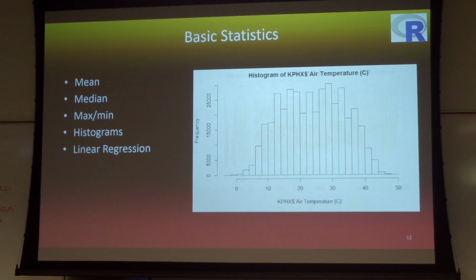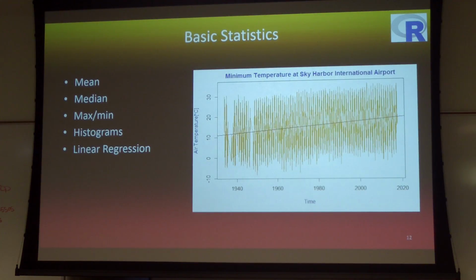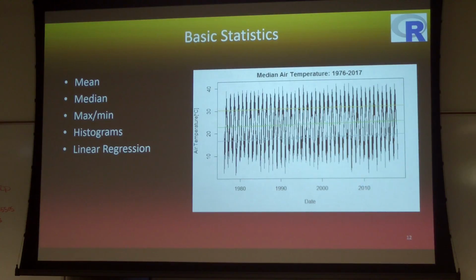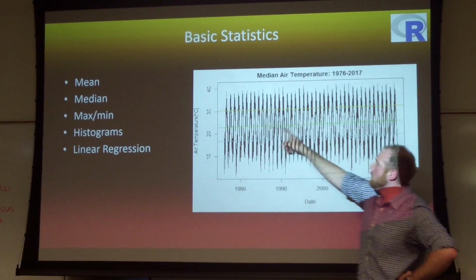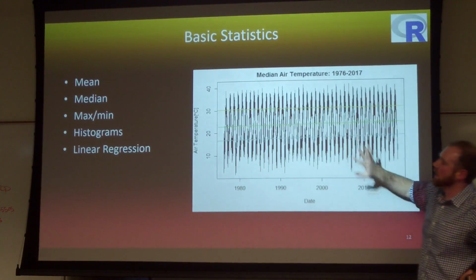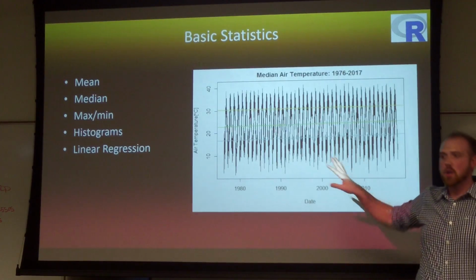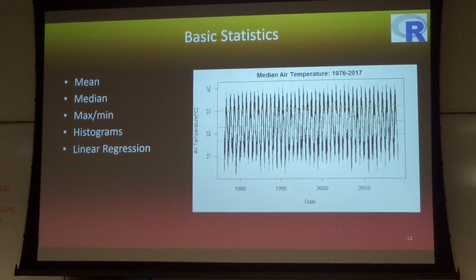Here's the histogram. There's our minimum temperature change. Fantastic. Or terrible, depending on how you want to look at it. So this is from that hourly data that I looked at. And this is your minimum temperature linear model, your median, and your maximum all plotted on the same hourly data. So you are able to plot multiple lines as long as you set up your codes right for it.